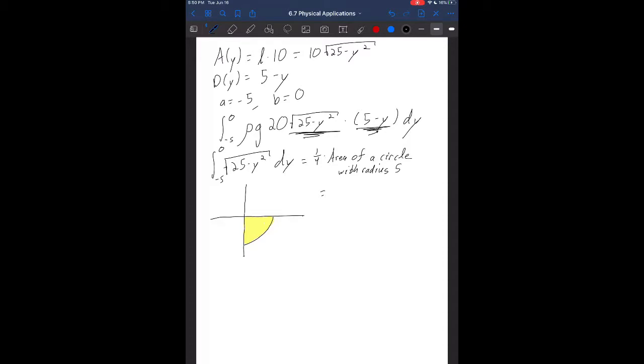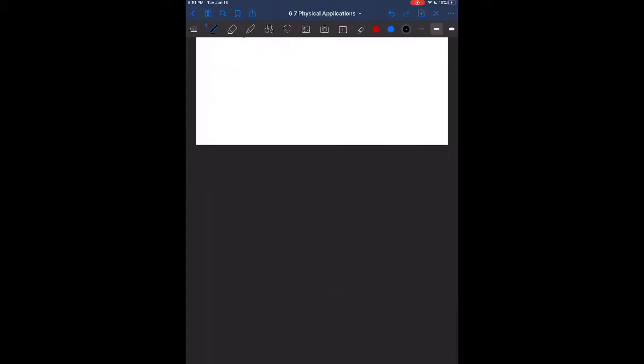So this is pi r squared over 4, or pi times 25 over 4. Right, so this allowed us to deal with this part of our integral where we expanded out and we were just left with a bunch of constants, the rho times g times 20 times 5 times the square root function.